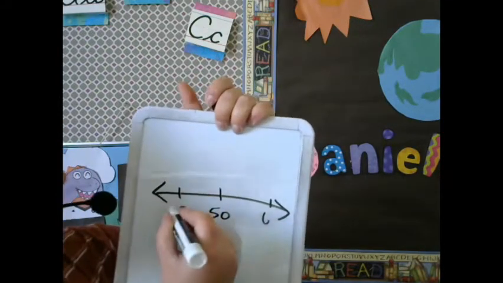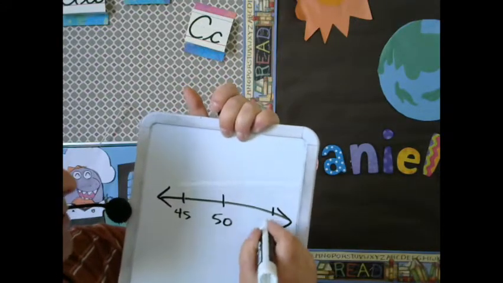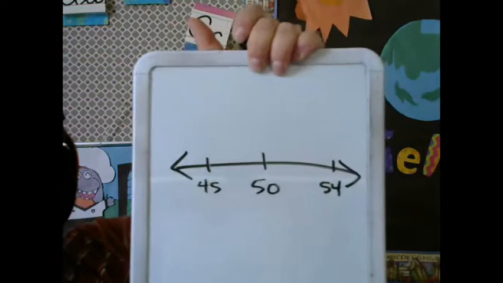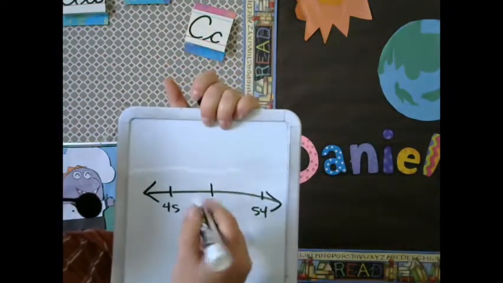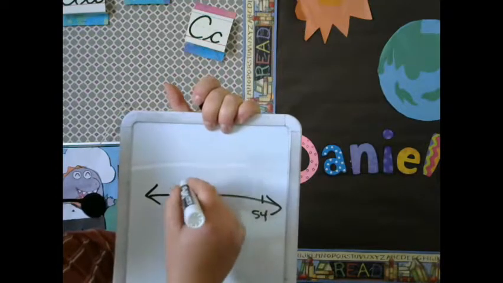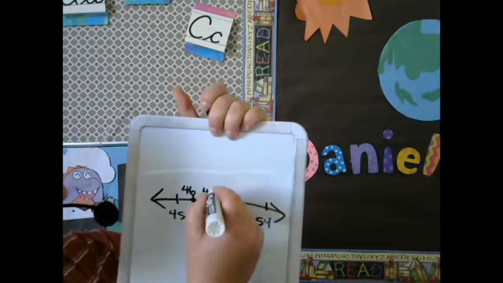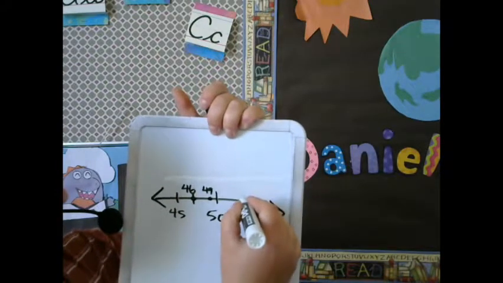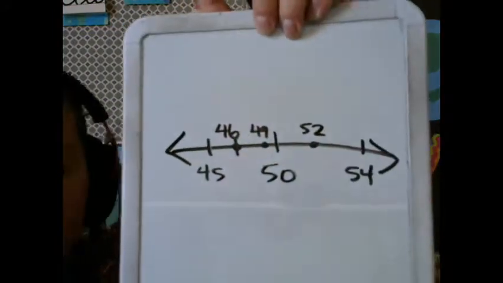That was almost a bad mistake. 45 up will round to 50, and anything 54 and below will round to 50. So now I just have to put 3 numbers in there. Let's see, what's the number between 45 and 50? Well, 46 is between there. We've got 49 is between there. Oh, and 52 is between 50 and 54. So those three numbers will round to 50.